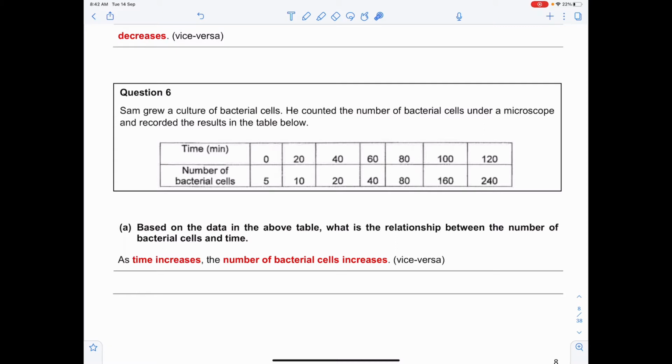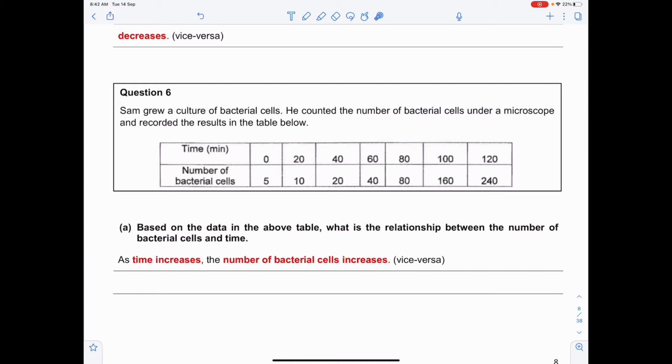Now for this question 10, I just want to pause a while to talk a little bit about it. For this particular question, you do need to take note that there are 2 different types of variable here.